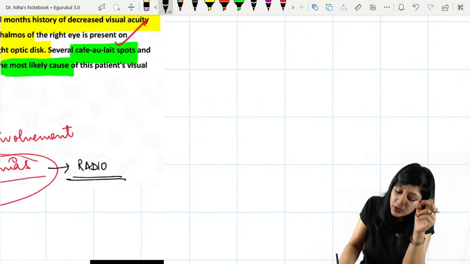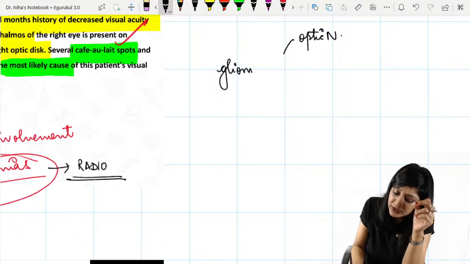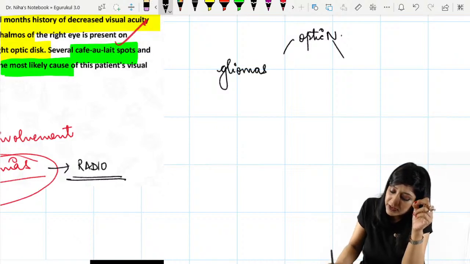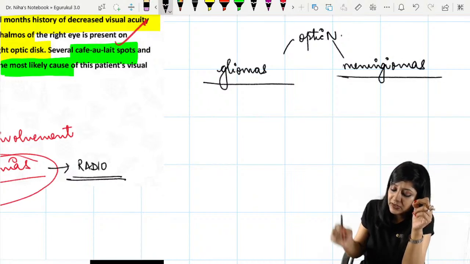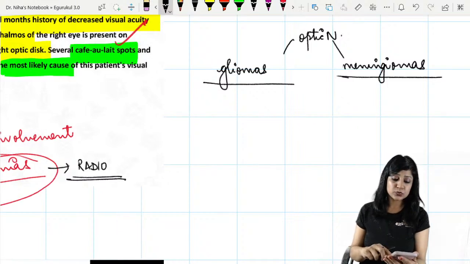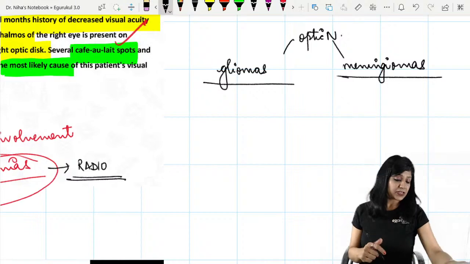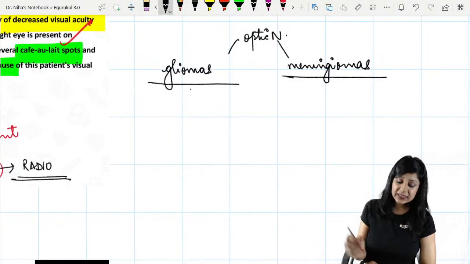Because you know you have got two things: one is the optic nerve glioma, and another is the optic nerve meningioma. We have got different appearances in the two types. 15 to 20% is exactly correct. So what is the appearance in cases of gliomas?